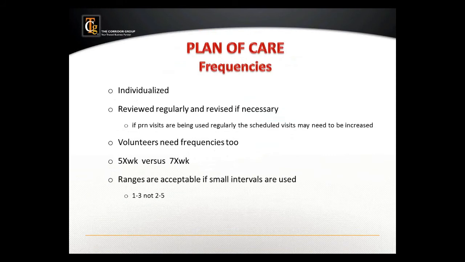The surveyors aren't always seeing that happen. Those frequencies have to be for volunteers as well as other members of the team. And it's not really acceptable to have volunteers PRN. There should be an indication of why the volunteers need to be there PRN.